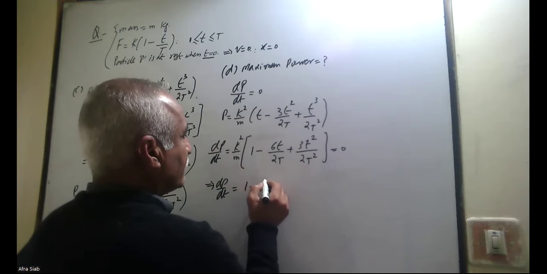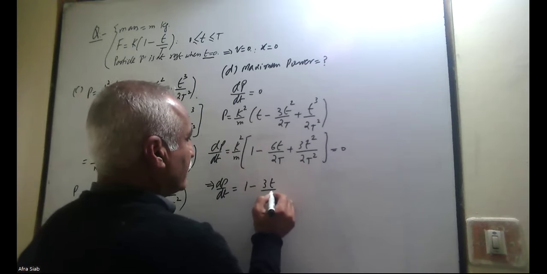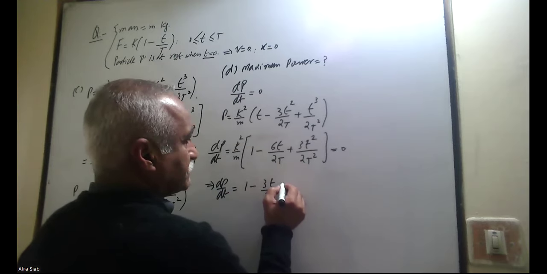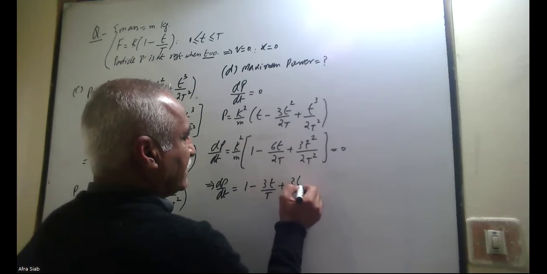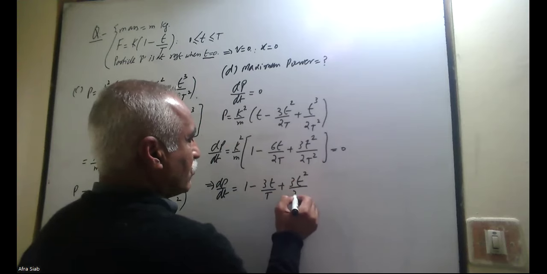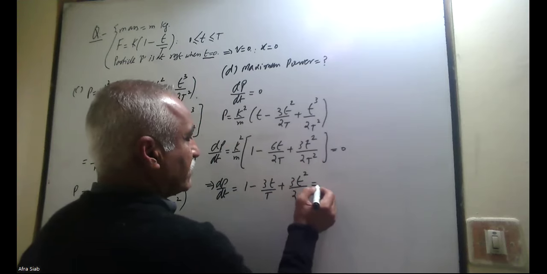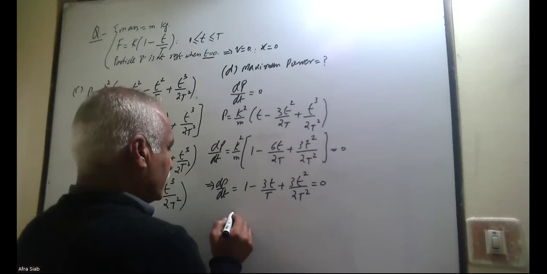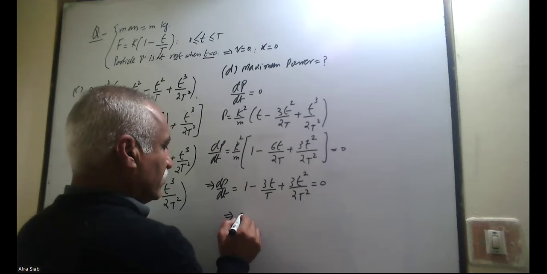So it should be equal to 1 minus 3t over T plus 3t square over 2T square that is equal to 0. We will take 2T square as common as LCM.